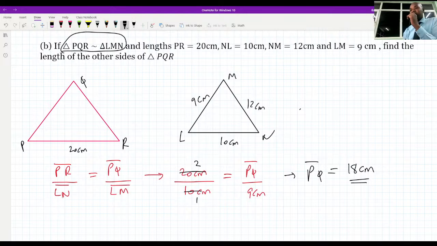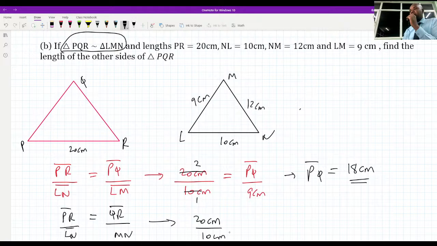We are looking also for RQ. We're going to use actually the same ratio, PR over LN equals to QR over MN. So that you'll be having 20 centimeter over 10 centimeter. This is equal to QR, the unknown side, over 12 centimeter.